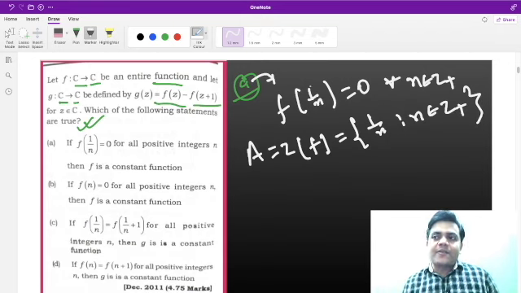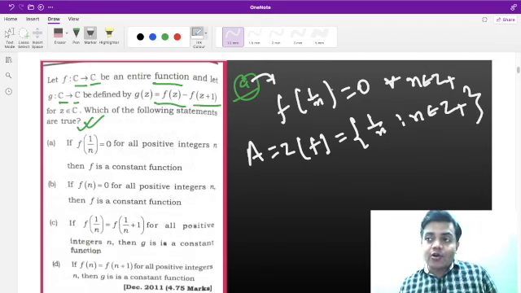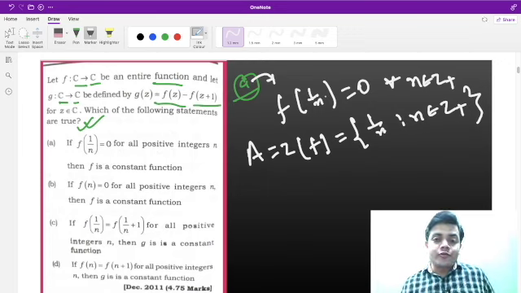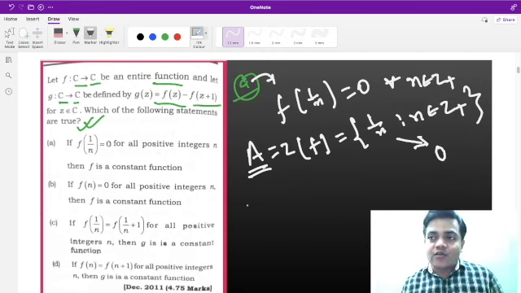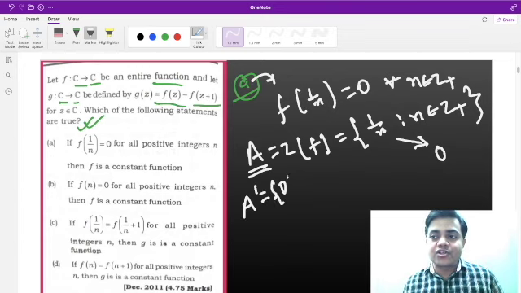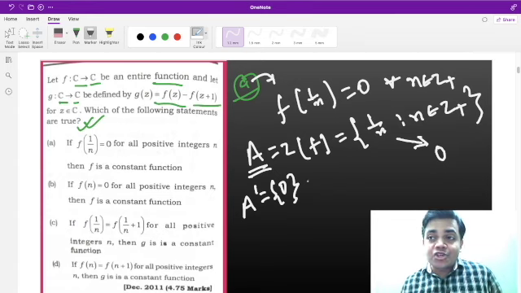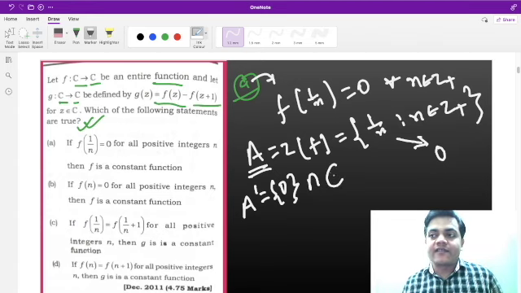Because all 1 by n are taking f to zero. So if you collect all the 1 by n, it will be the zeros of f. And when you try to see its limit point, it is going to 0, isn't it? So in the derived set of A, certainly this 0 is there, and this 0 is also in the domain of f.